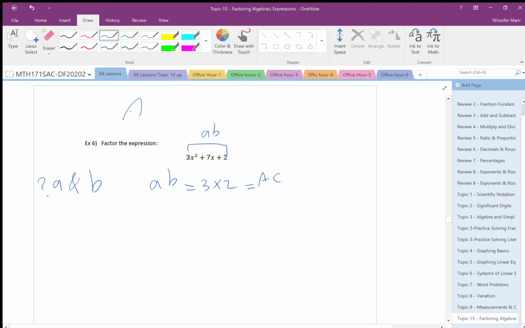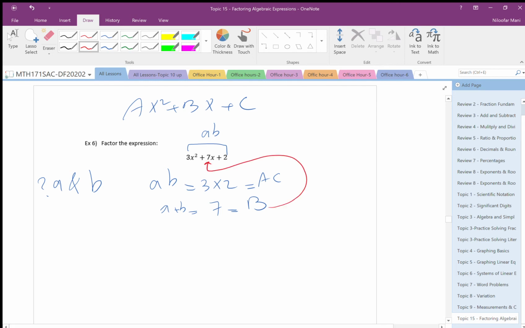So if I have ax squared plus bx plus c, okay? If I add them, it is 7, which is b. Okay? So if I add them, it's b here.